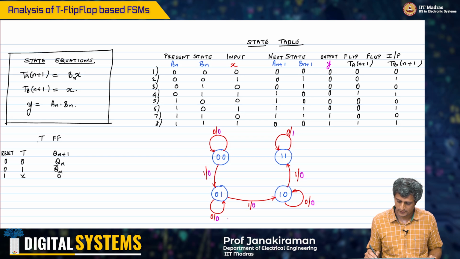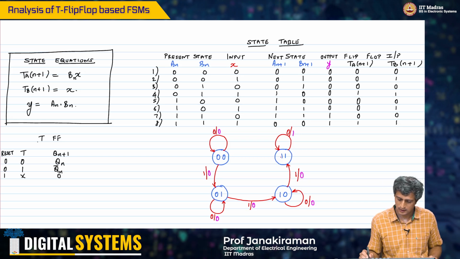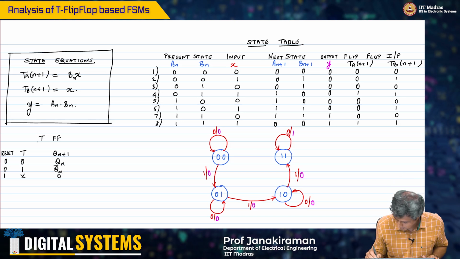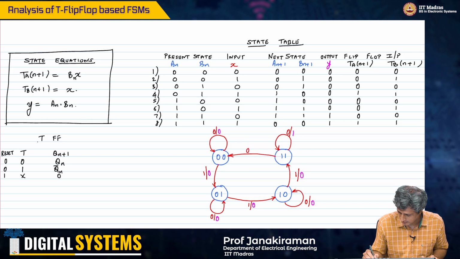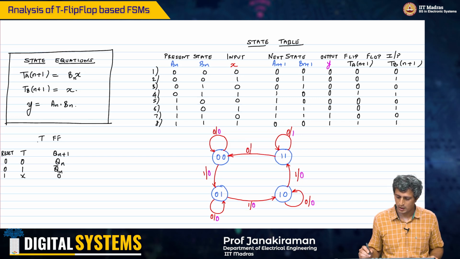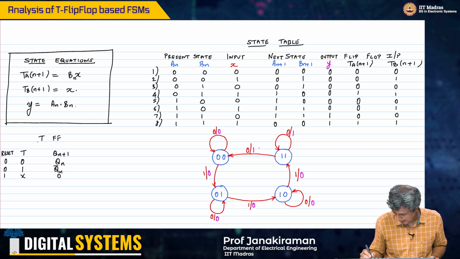And finally, if I am at 1 1 and the input is a 1, then I come back to 0 0 like this and the output is going to be a 1 again, right?